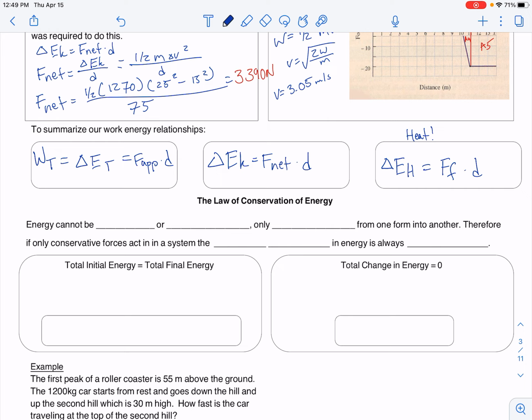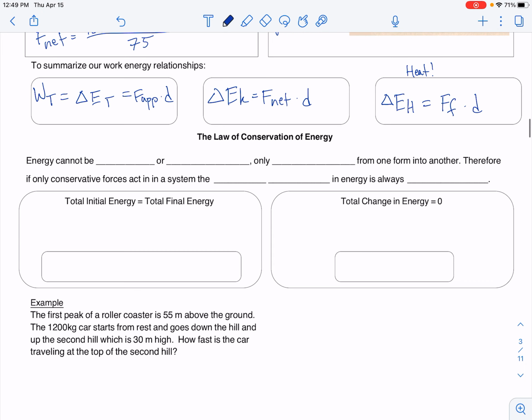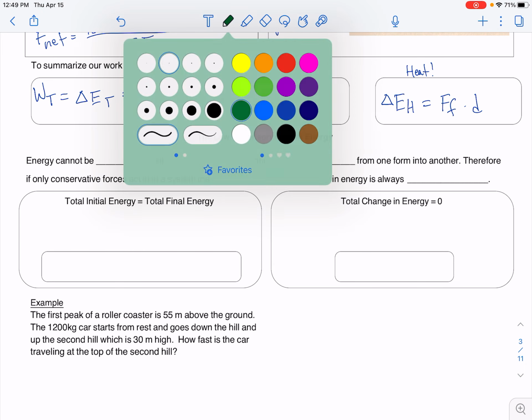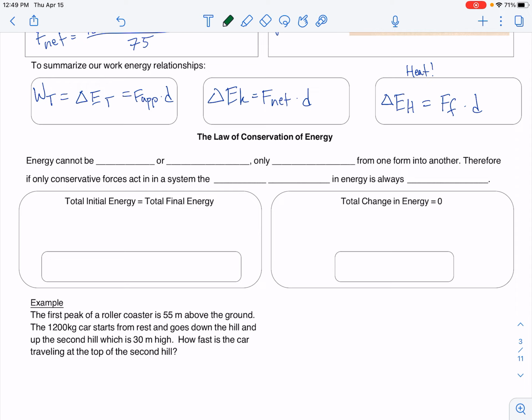Moving on to the law of conservation of energy. We know that energy cannot be created or destroyed, only changed from one form to another.